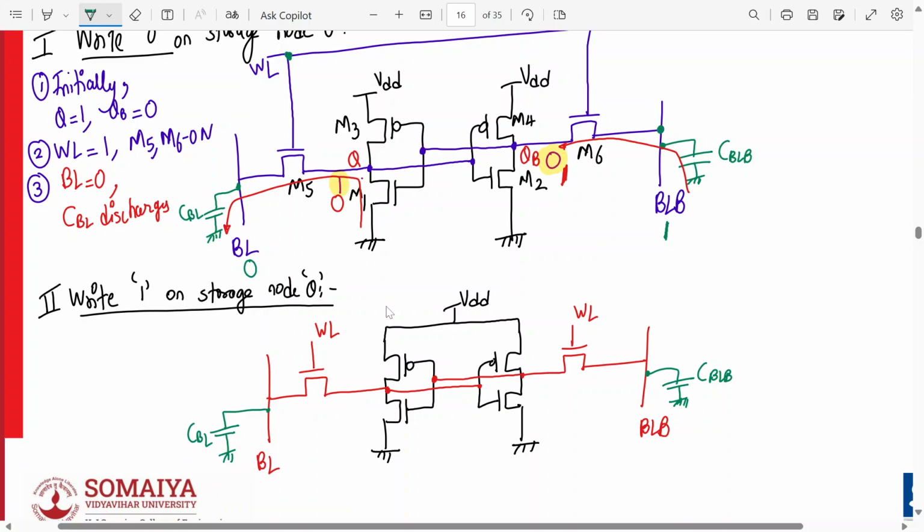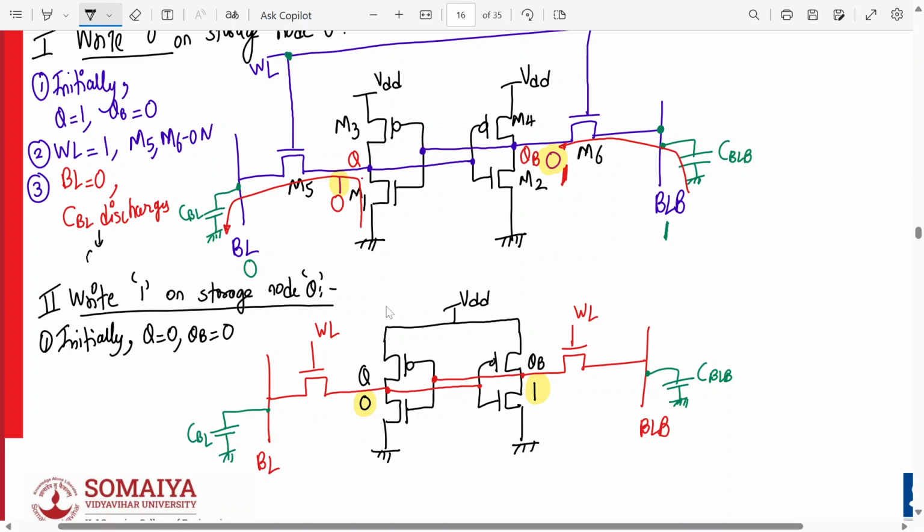Initially, let's say we want to write 1. Let's say this is q and this is q bar, and it is storing 0 now. So initially it's storing 0 in q and 1 in q bar. Now what will happen? Initially q is 0, qb is 1.